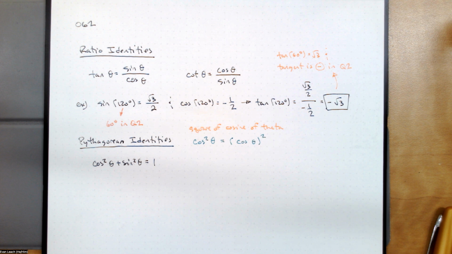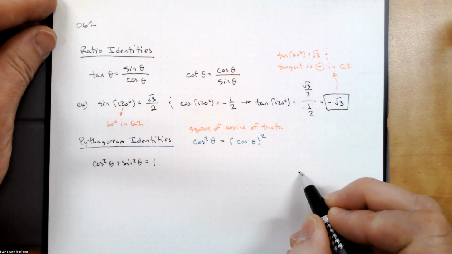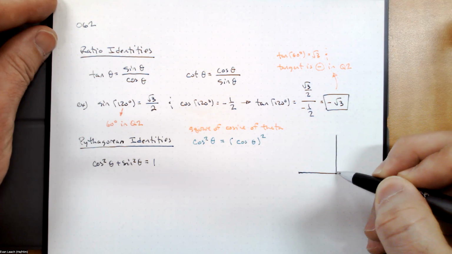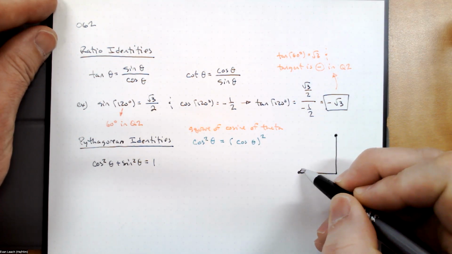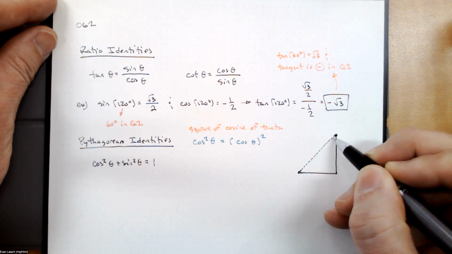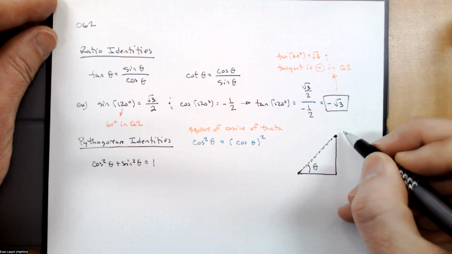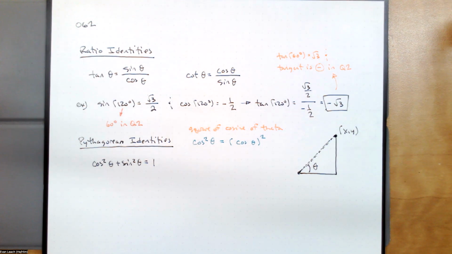The reason that we call these Pythagorean identities is that they are based on the Pythagorean theorem. If we pick a point on the unit circle, then the hypotenuse is 1.